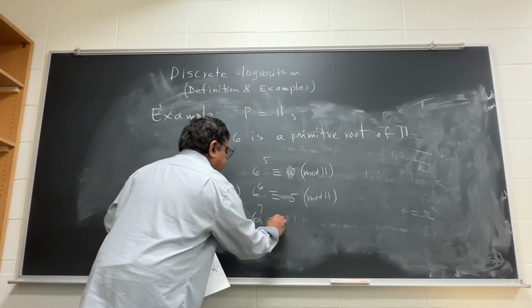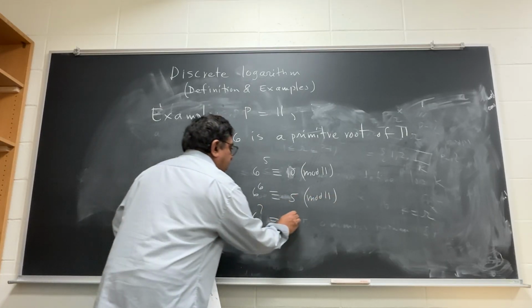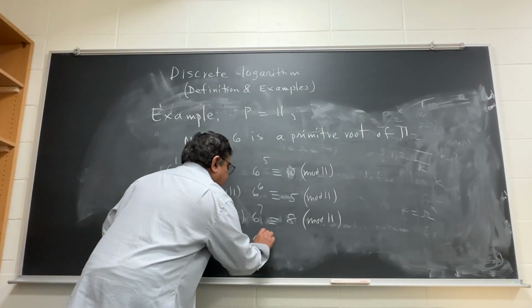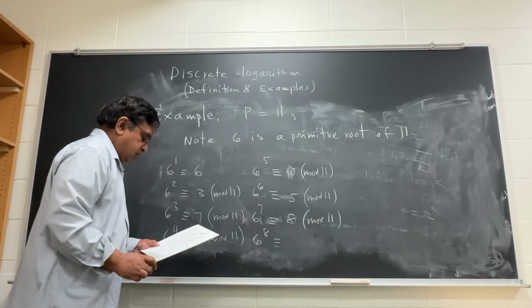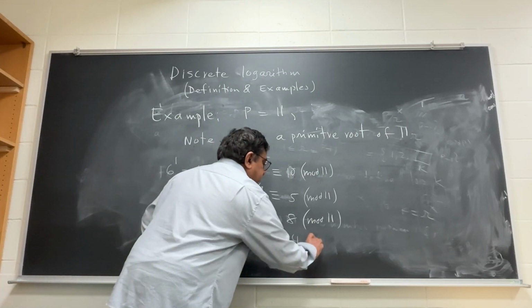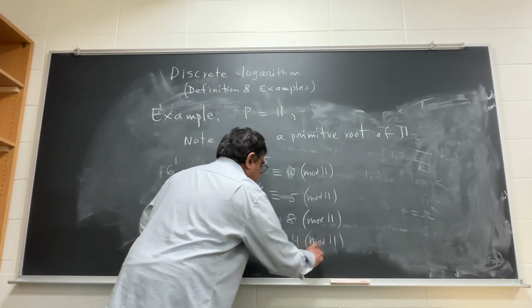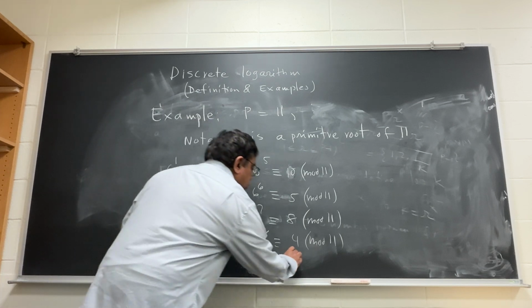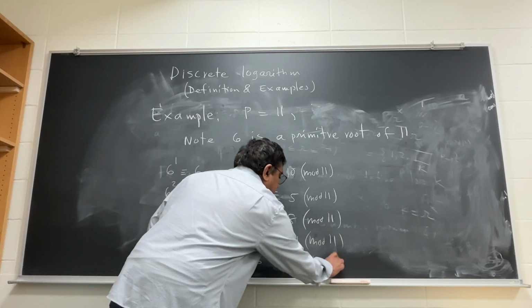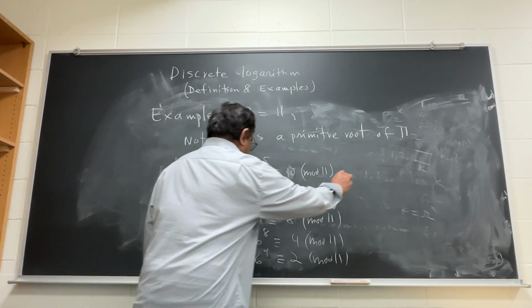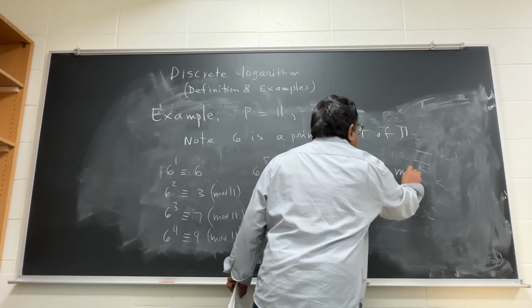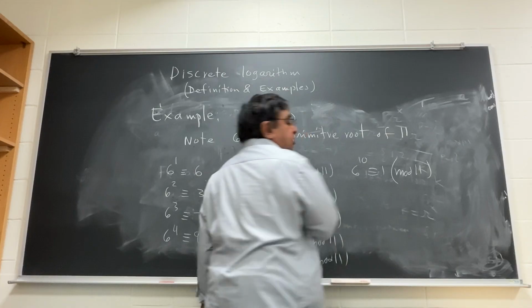6 to the power of 7 is 8 mod 11. 6 to the power of 8 is 4 mod 11. 6 to the power of 9 is 2 mod 11. Of course, we know that 6 to the power of 10 is equivalent to 1 mod 11. This is Fermat's little theorem.